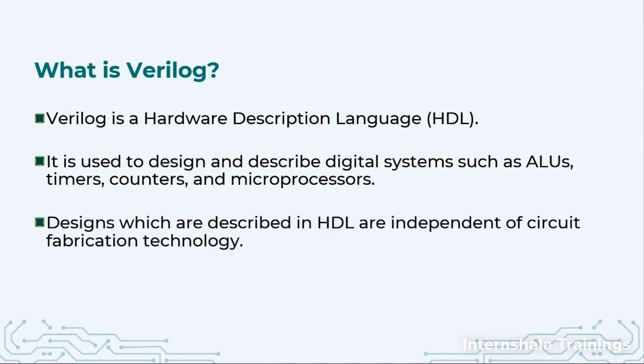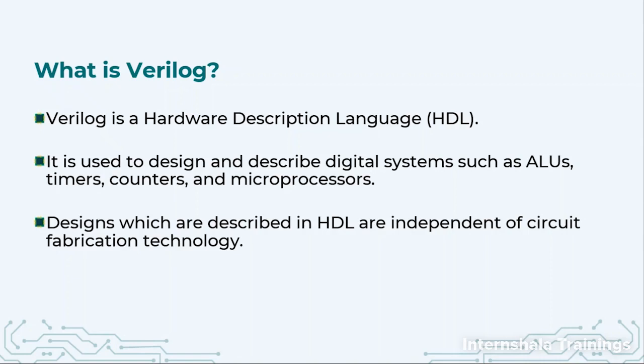We will be designing these systems, and once we do that, if we send our code for fabrication, the HDL design is independent of the technology that will be used in the fabrication. There are technologies like 90 nanometer, 180 nanometer, 45, 22, and recently we work with 11 and 7 nanometer technology also.